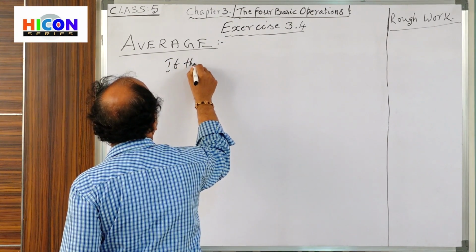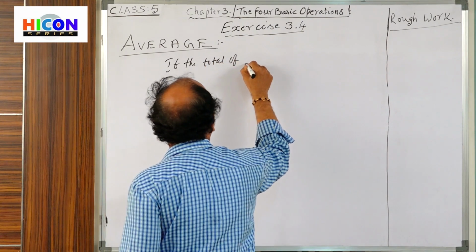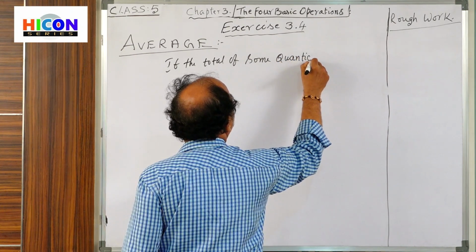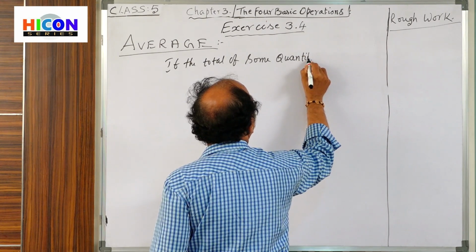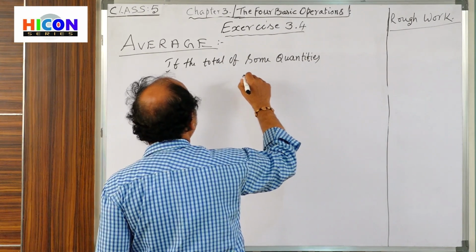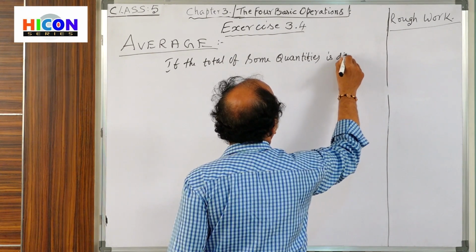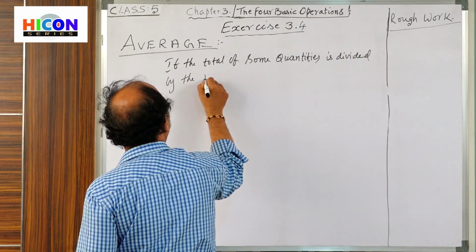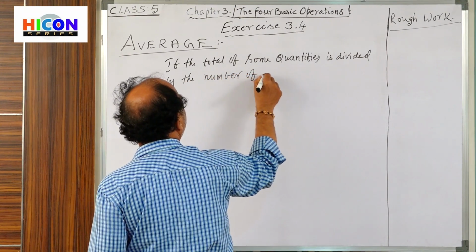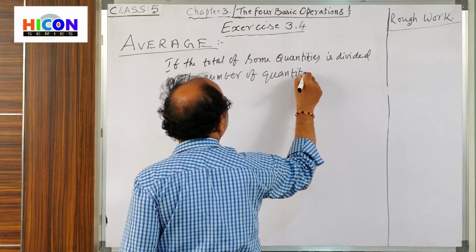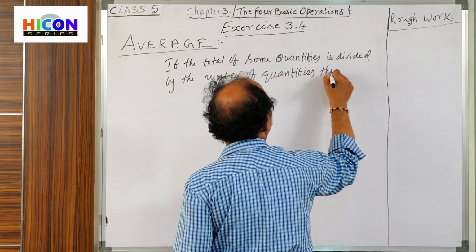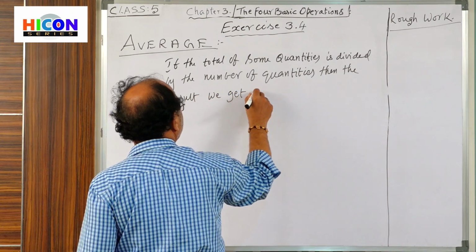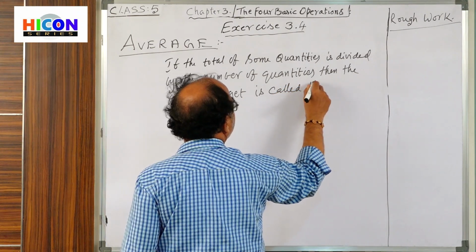If the total of some quantities is divided by the number of quantities, the result we get is called the average.